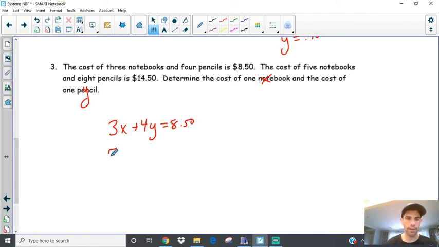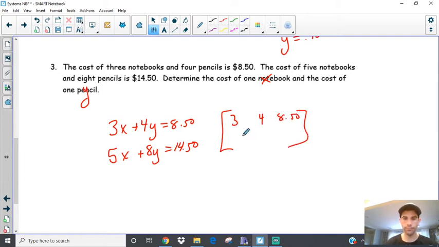The cost of 5 notebooks and 8 pencils is $14.50. So right there I have my two equations. 3, 4, 8.50, 5, 8, and 14.50.